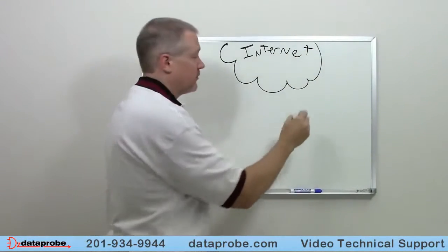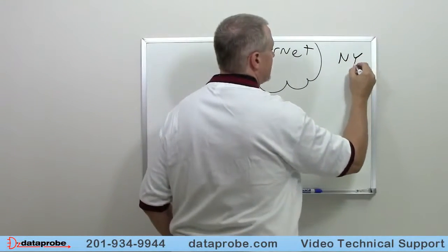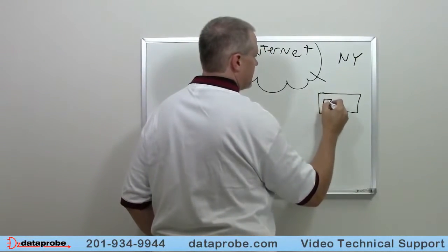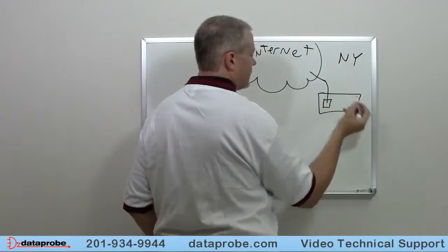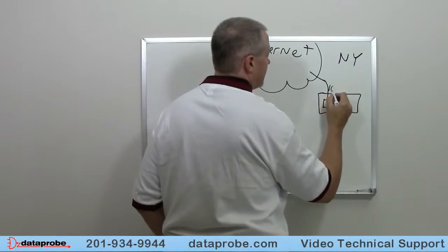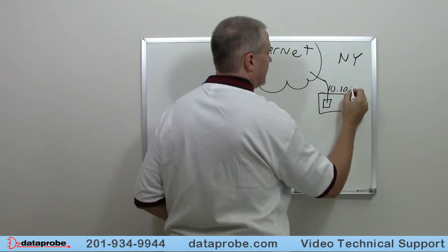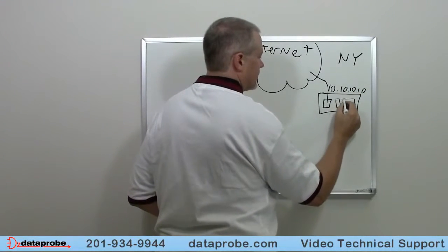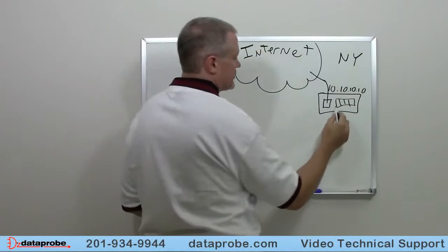Okay, and over on this side we're going to have New York. And New York has got its own little router going on over here. So you've got the WAN side with a public IP. Let's say that's 10.10.10.10. And the routers typically have a bunch of LAN connections, local area connections down here.